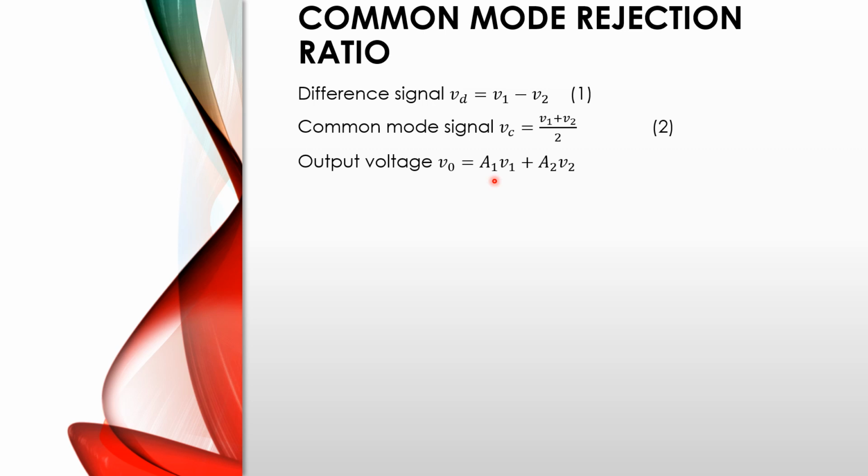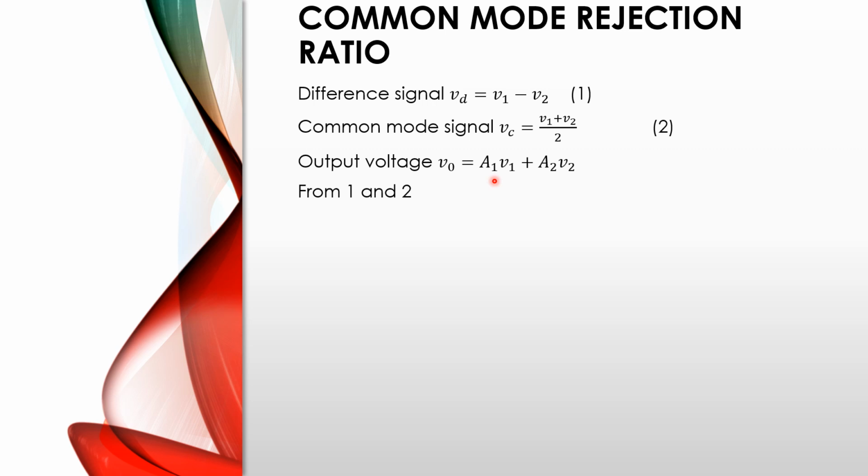So voltage gain times input voltage plus voltage gain times input voltage. The total is equal to the output voltage we get here, right? That is V0 equal to A1 V1 plus A2 V2.